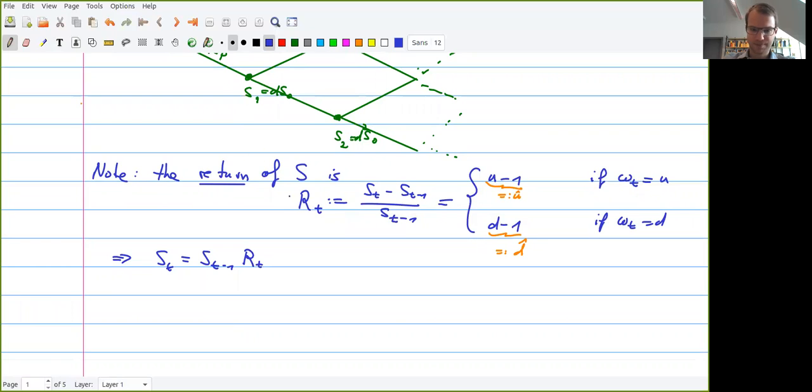This is, of course, true for t up to T. And this also means that R, the interest rate, is nothing else than the return of the risk-free asset.